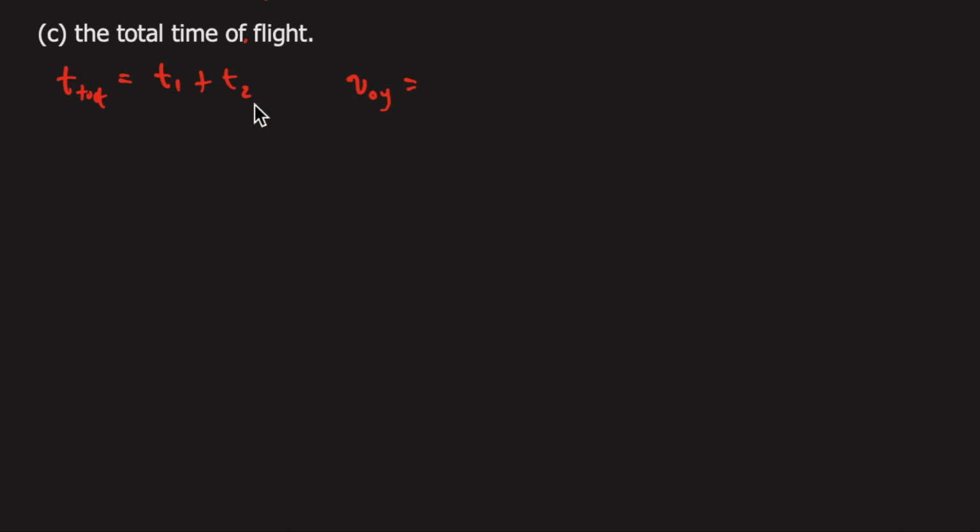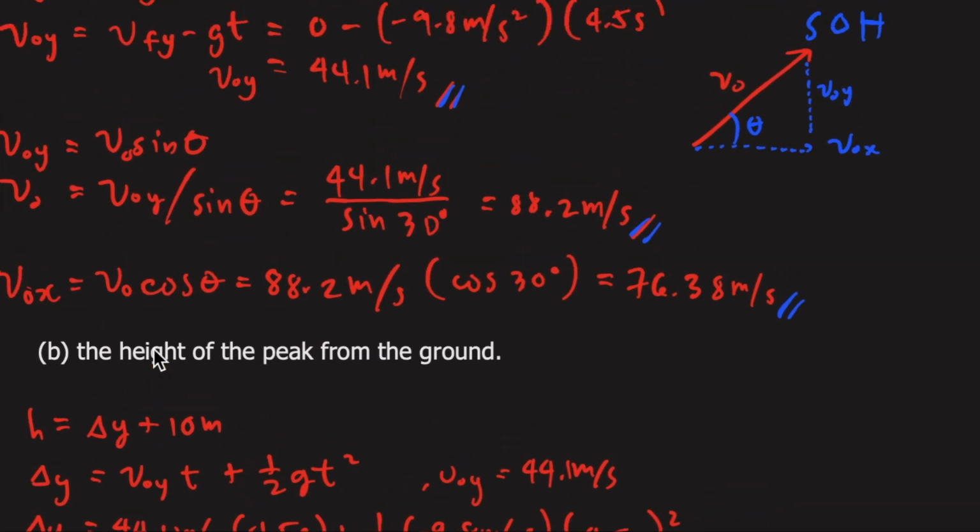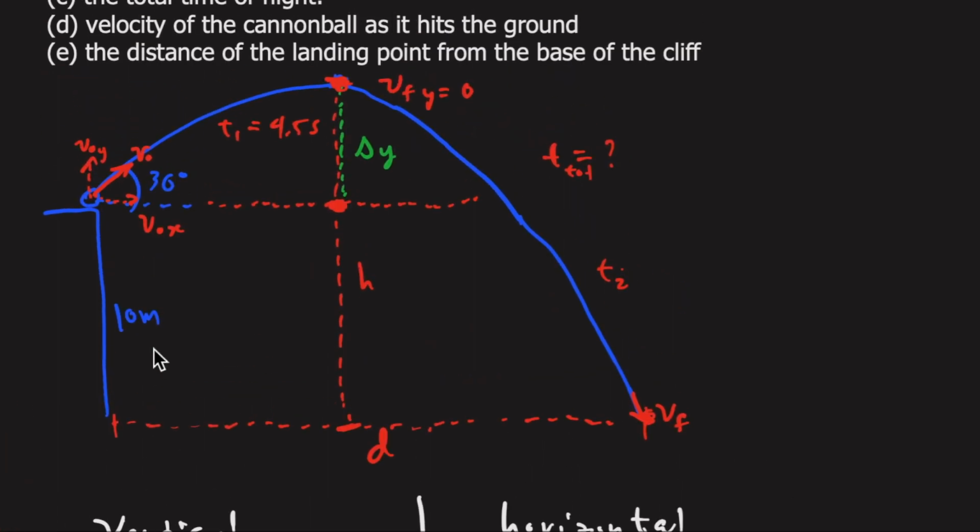Our initial velocity here should not be the same as the initial velocity we used earlier, since t2 is the time of falling, so from this peak going down to the ground, right? So our initial velocity here becomes 0, since the y component of the velocity at this point is 0.